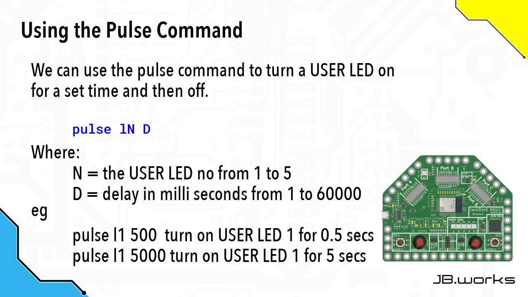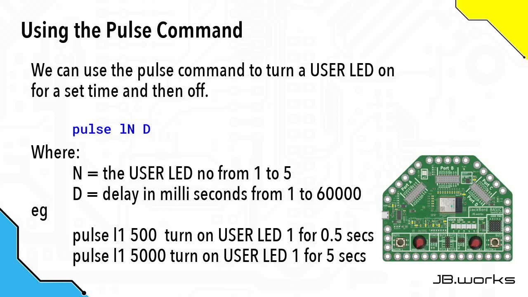Finally, for this video, we're going to learn how to use the pulse command. What the pulse command does is let you turn on a user LED or some other pin for a set number of milliseconds. The first argument is the LN, which is the user LED that we want to control, for example L1, L2. And the last argument, the D, is the delay in milliseconds from 1 to 60,000, which is how long we want the LED to turn on for, and then it will turn off.